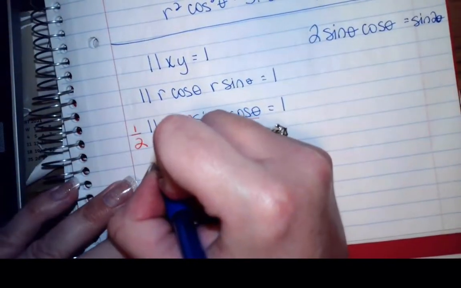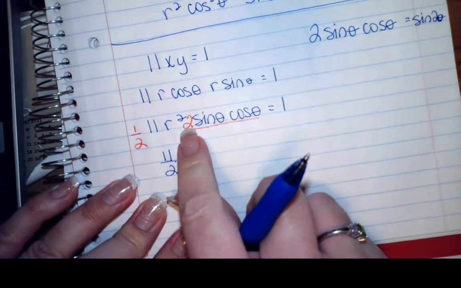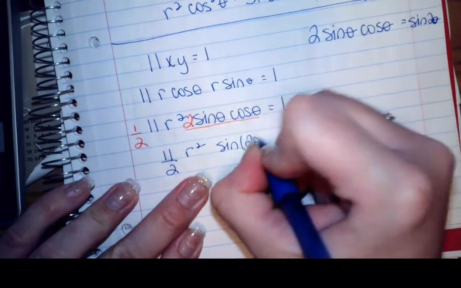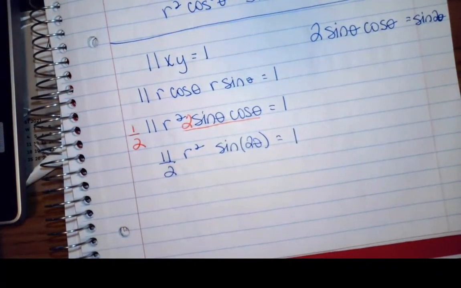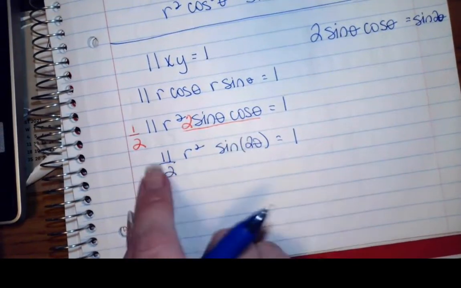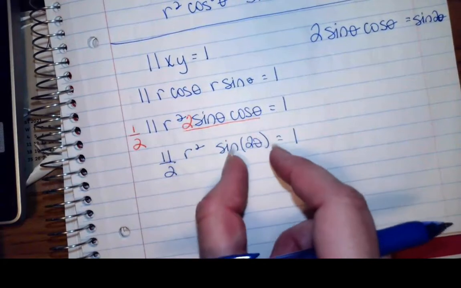So I end up with 11/2 r squared, and then this part turns into the sine of 2 theta equals 1. Okay, so now where'd the 2 go? The 2 is in here. Okay, so this is an equivalent expression because I used an identity to go from here to here.